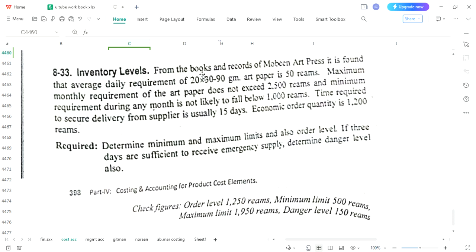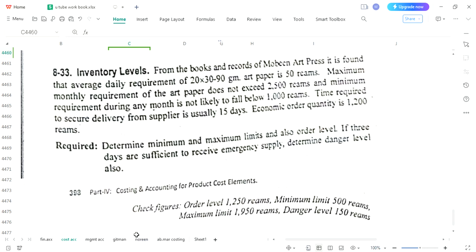Look at this, 20 multiplied by 30, 90 gram: it is actually the paper size, 20 by 30. This is the size of the ream. Reams are big packets, so this is only the size, not the amount. Don't be misled by it. It's just a specification of the paper, it has no role in the solution of your question, so leave it. Average daily requirement is 50 reams.